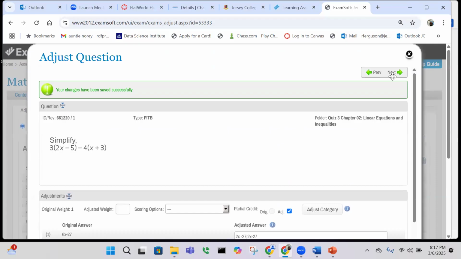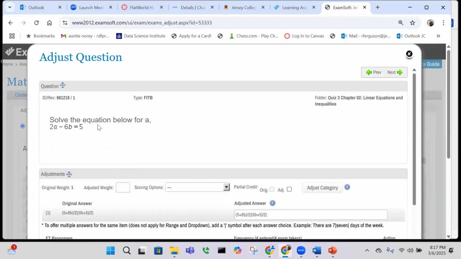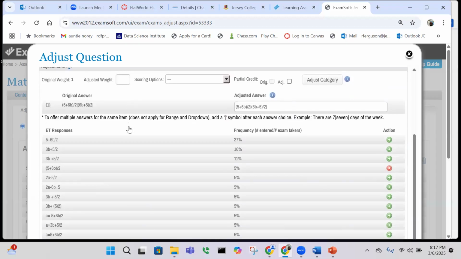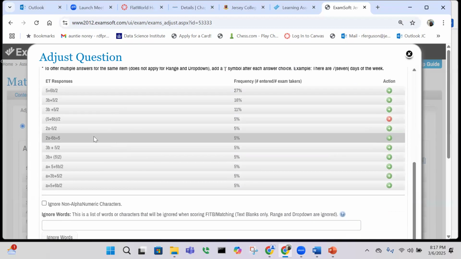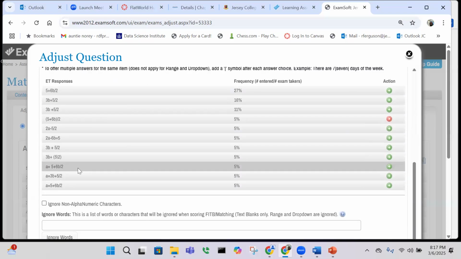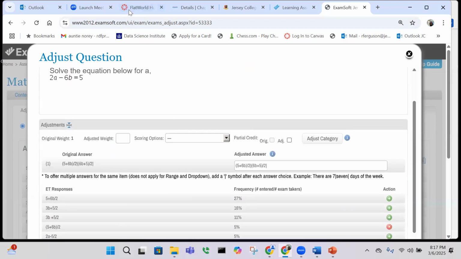Next is solve the equation. So this one, these are all correct answers.